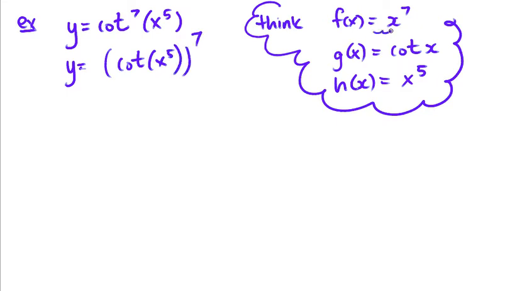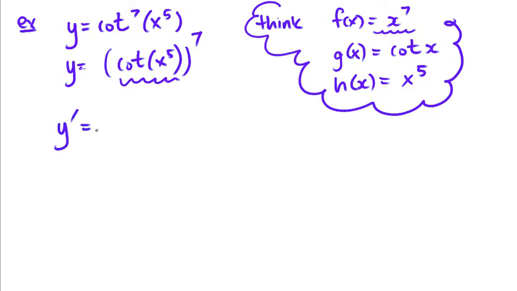You can think about your original function as something raised to the 7th power. Then what's plugged into that is cotan of x, and then what's plugged into that is x becomes x to the 5th. So we need to do this through that idea of a chain.